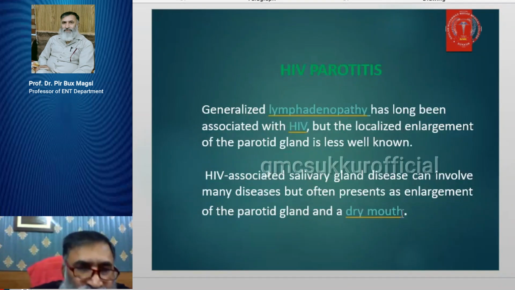HIV parotitis. Generalized lymphadenopathy has long been associated with HIV, but localized enlargement of the gland is less well known. HIV-associated salivary gland disease can involve many diseases, but often presents as enlargement of the gland and dry mouth.